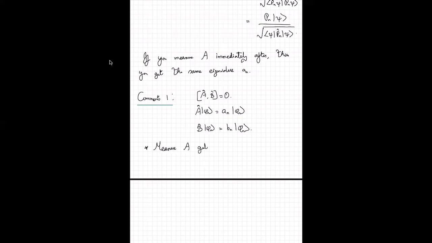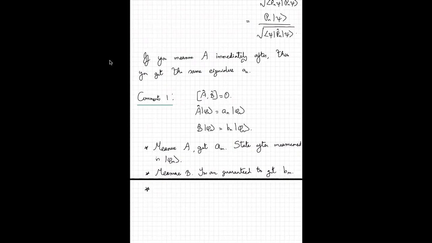Now suppose we measure A, and let us say you get Am. Then the state after measurement is phi m. Then immediately after you measure B. Since A and B commute, you are guaranteed to get the eigenvalue of B corresponding to the state phi m, which is some Bm.